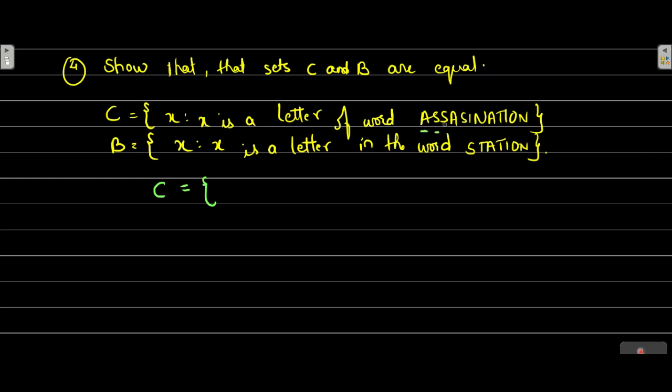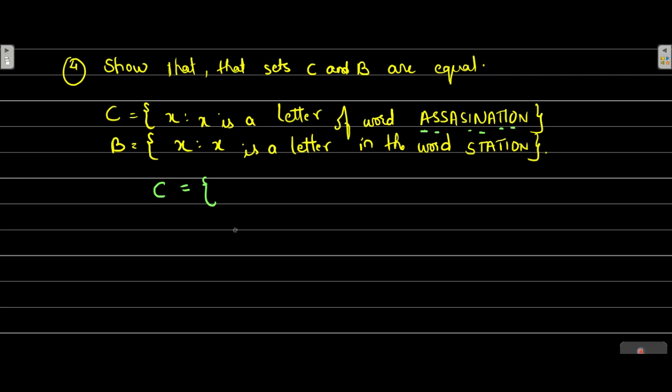When you are representing in a set, you should write an element only once. No element can be repeated. S is already there, A is already there, so we will not consider them again. We have a new letter I, new letter N, A is already taken, T is a new letter, I is already existing, O is a new letter.